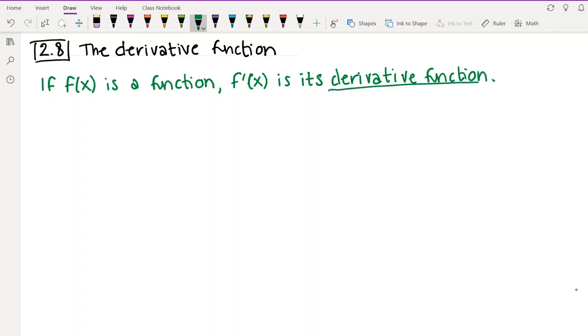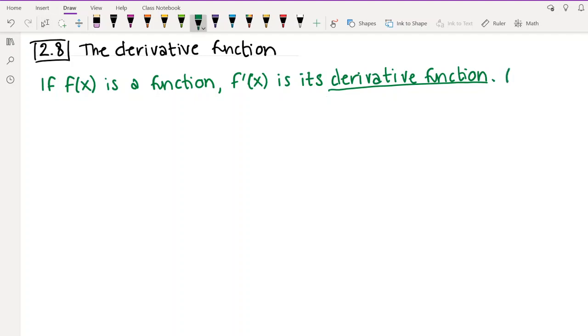And basically the point of the derivative function is that it tells you the slope of the tangent line, or another more concise way of saying that is that it's the instantaneous rate of change at every single x value.